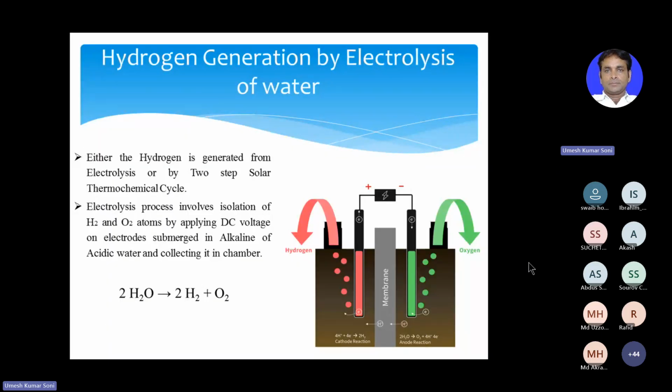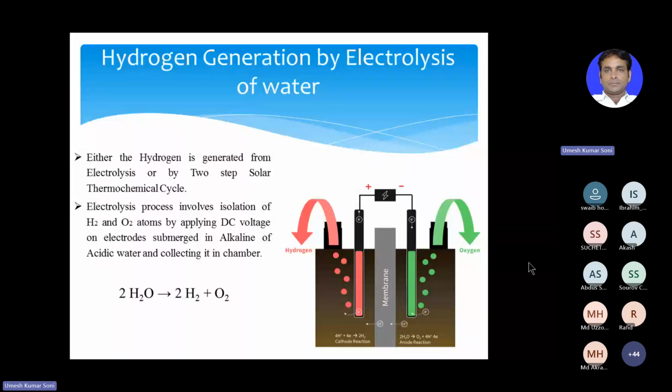Now here we discuss how hydrogen can be generated from water. The hydrogen generation is the first step of utilizing hydrogen in fuel cells. So we first discuss how hydrogen is generated.